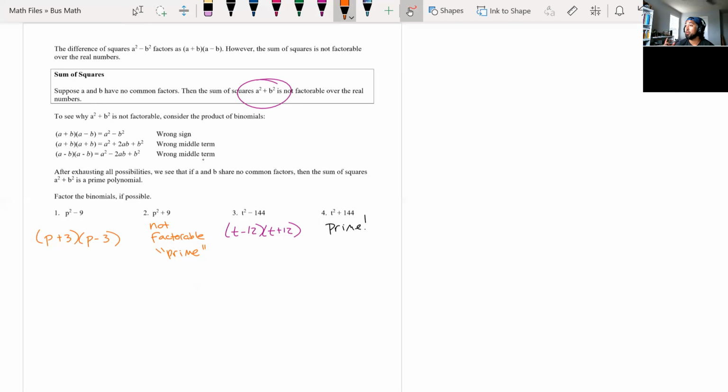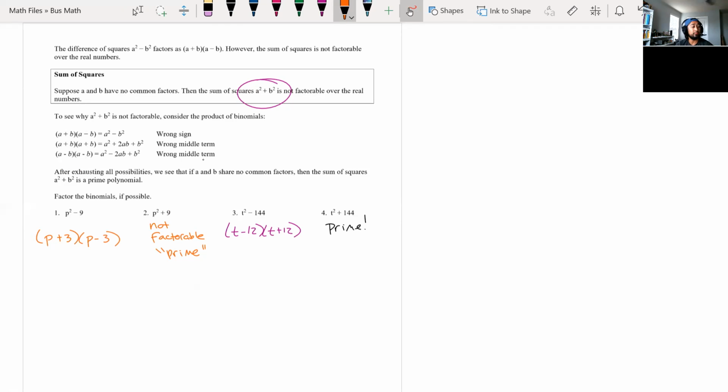Exactly. The sum of two perfect squares is never factorable. So we call it prime. Gotcha. I guess it's because the P threw me off, and I'm not seeing the A and the B.